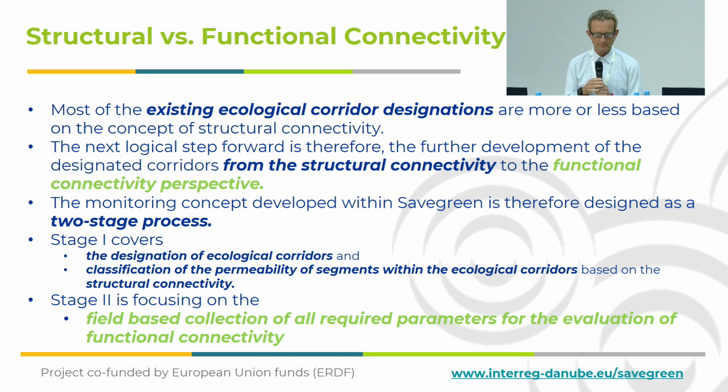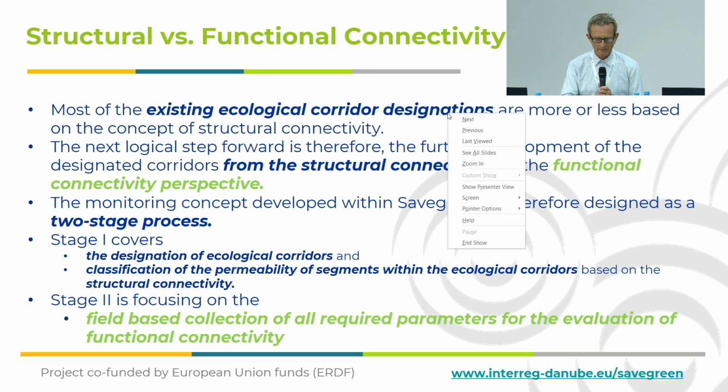And the second step is then focusing on this functional connectivity perspective. So we did a field-based collection of all required parameters, hopefully all required parameters, which we need to evaluate the functional connectivity. And in the last presentation, we will give some first results of this functional connectivity analysis, which is done by Florian.